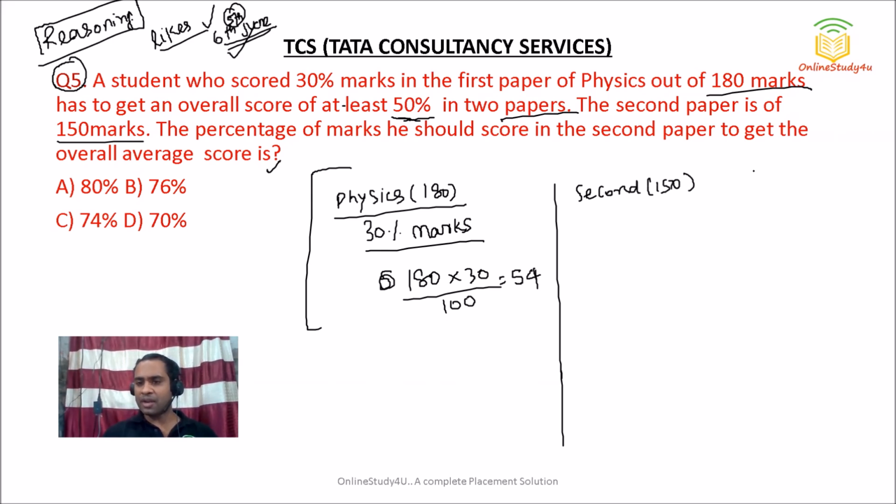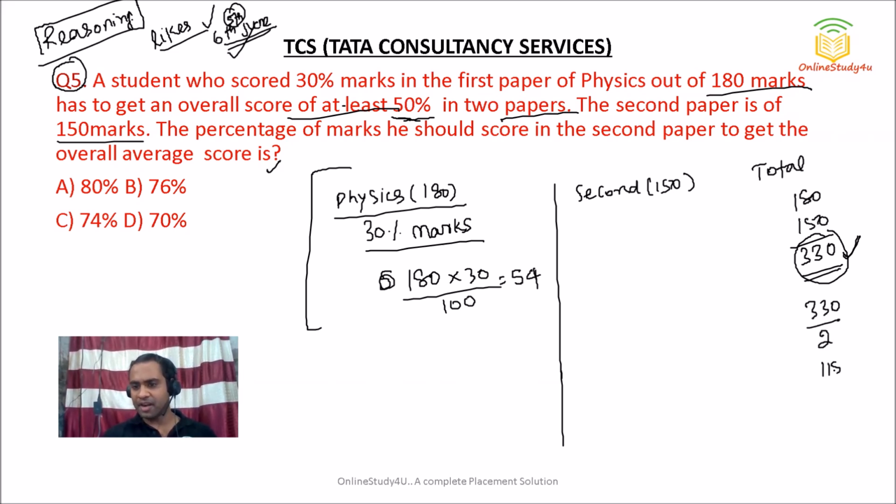So total marks is 180 plus 150, which is 330. The student has to get an overall score of at least 50%. 50% is nothing but half, means 165 marks.